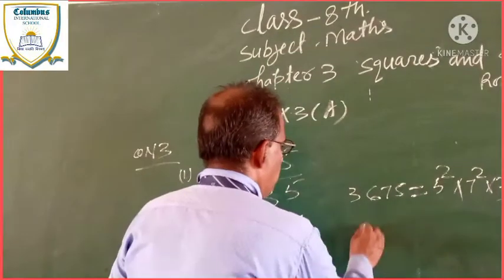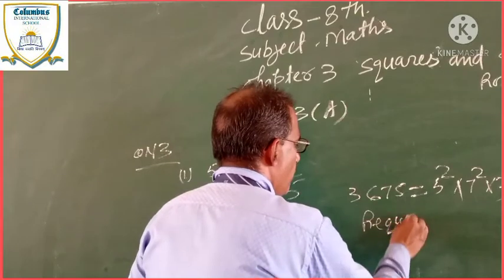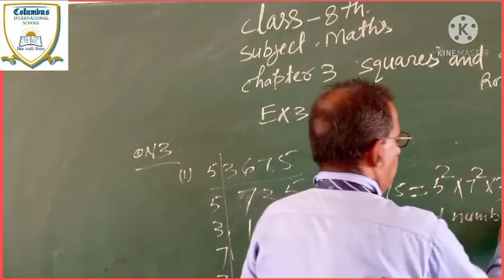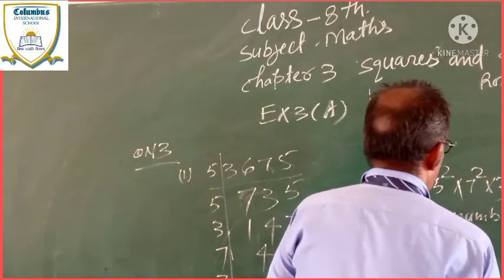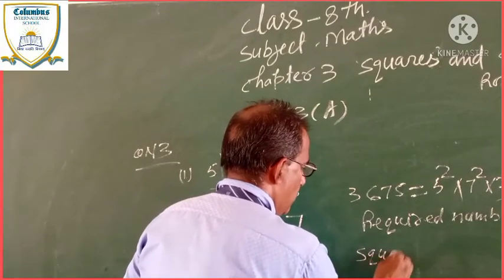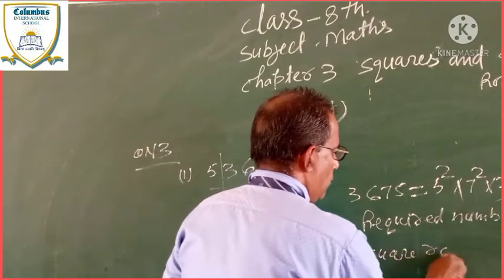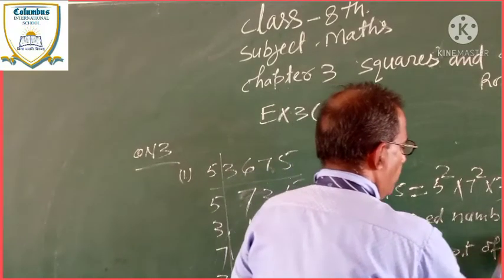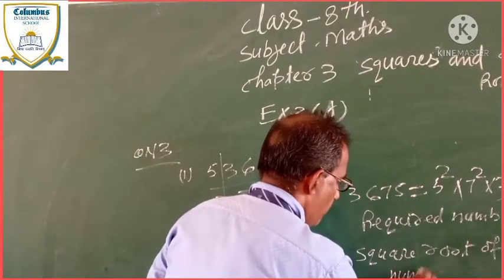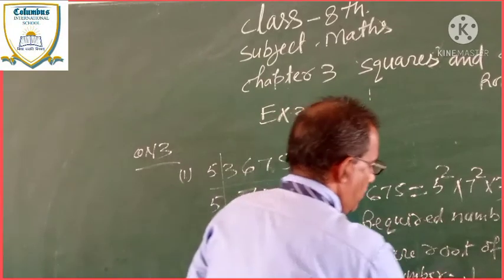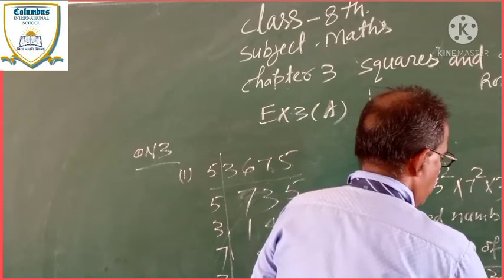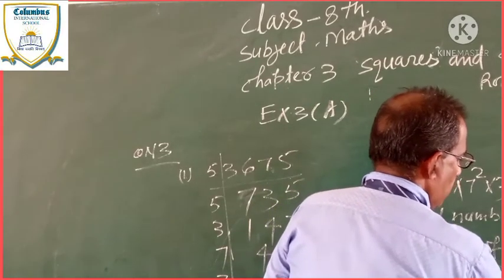So the required number equals 3. And what is the square root of the new number? The square root of the new number is under root 5 square into 7 square into 3 square, since this number is multiplied by 3.